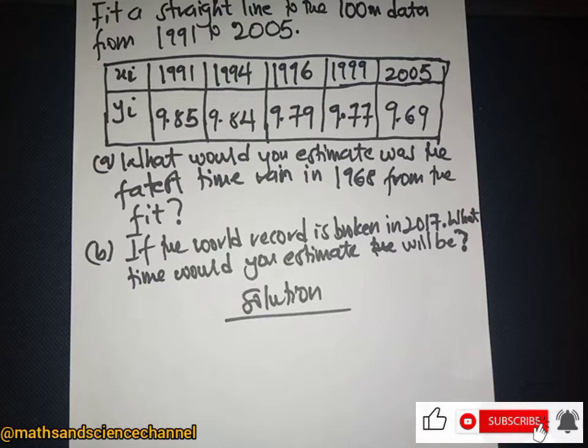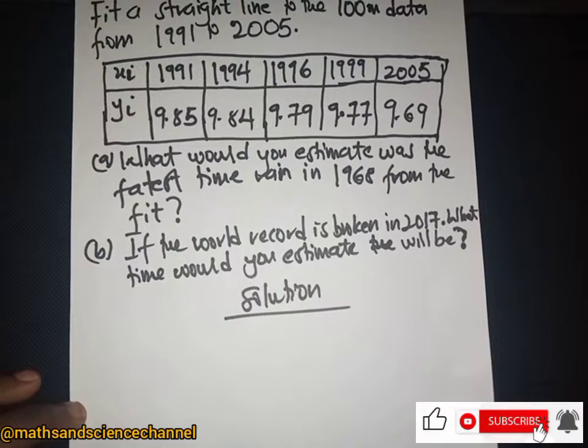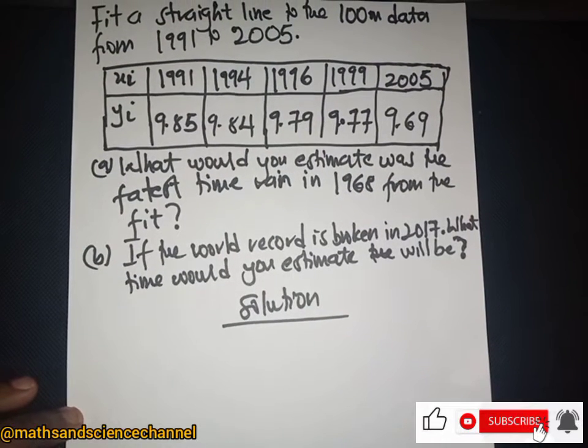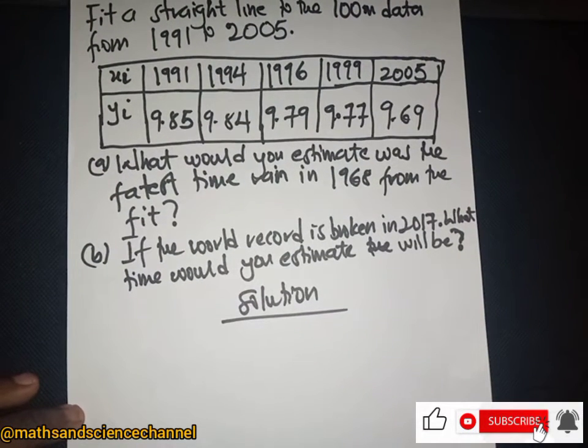The first question is, what would you estimate was the fastest time in 1968 from the fit, and if the world record is broken in 2017, what time would you estimate that it would be? So now in this question we are going to use the line of best fit, right?